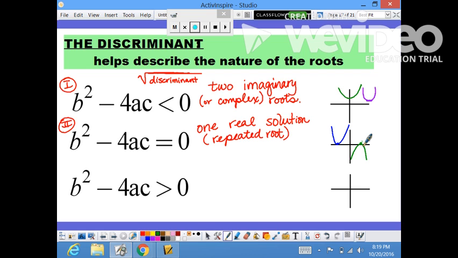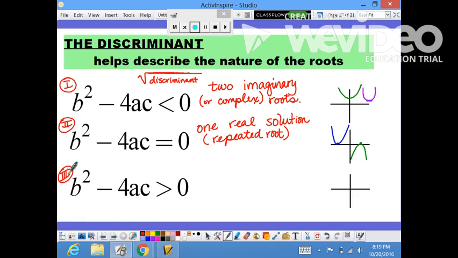Well, we dealt with the negative and we dealt with when the discriminant equals 0. So the only other thing left is when b squared minus 4ac is greater than 0, or when it's positive. When b squared minus 4ac is positive, that means the number under the square root is positive.